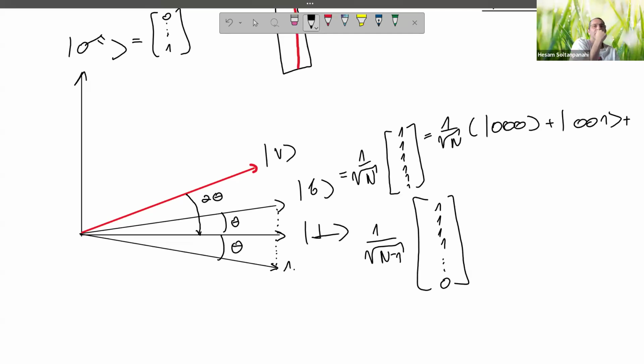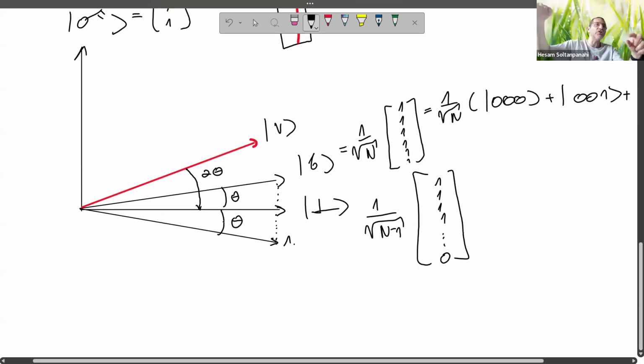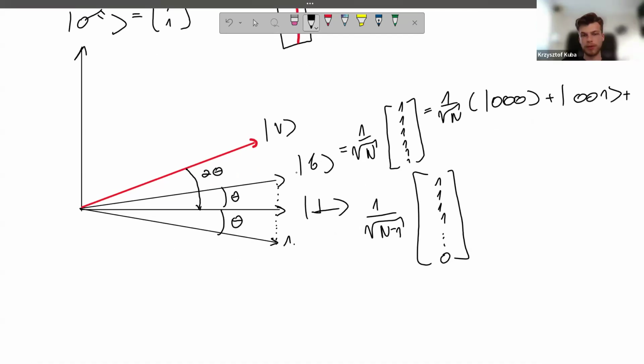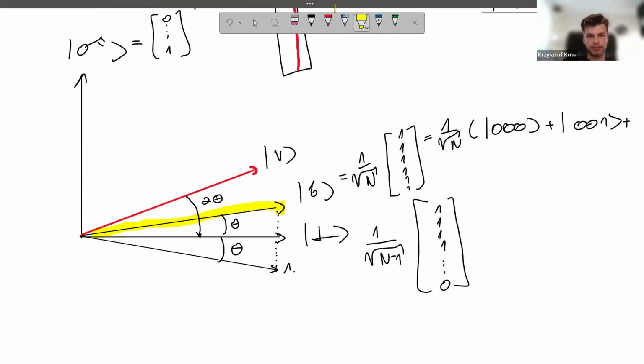I think it should be 2 theta, because it depends with respect to which vector you make the mirror. I make the mirror with respect to this vector, so from there you should have 2 theta, the angle between this vector and the lowest one. That is correct. Thank you for that.